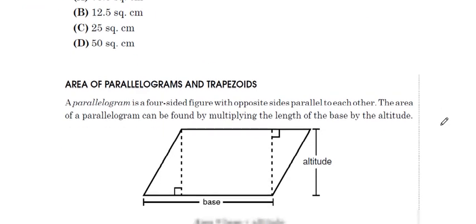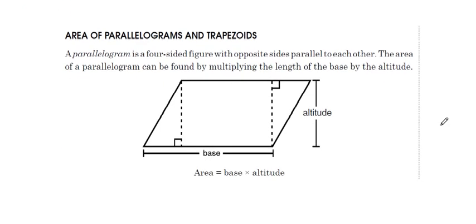Okay, and then the area for other shapes. Let's say here the parallelogram. For a parallelogram, this side is parallel to this, and this is parallel to this. So this is just like a rectangle, but changed a bit.